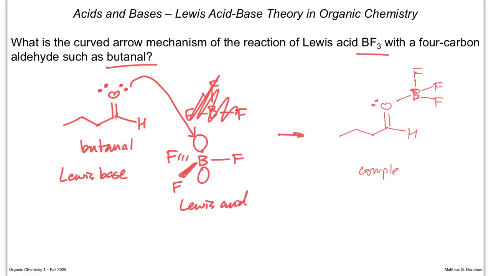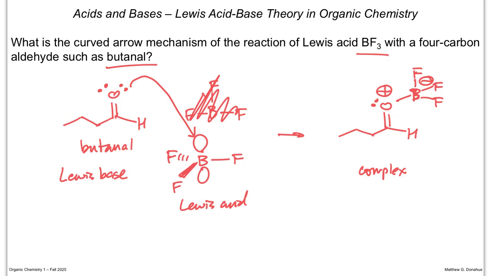So we could call that a Lewis acid-base complex. But now neither the oxygen nor the boron are in their normal pattern. So they should have some charges. What gets what? So oxygen gets positive, and then boron gets negative. So we started neutral, we added charges, they balance out to neutral.